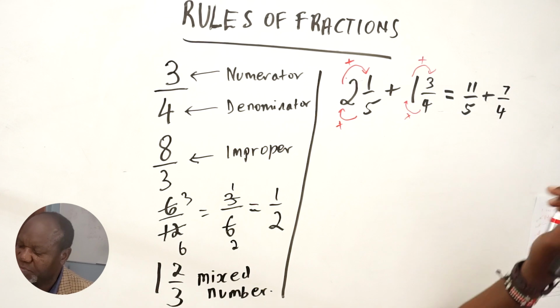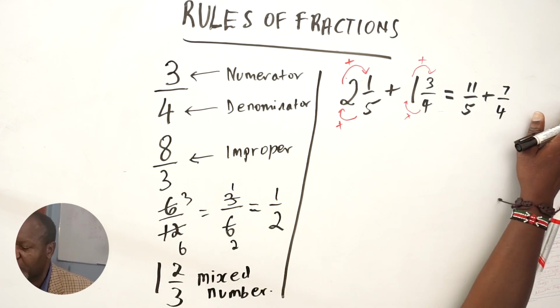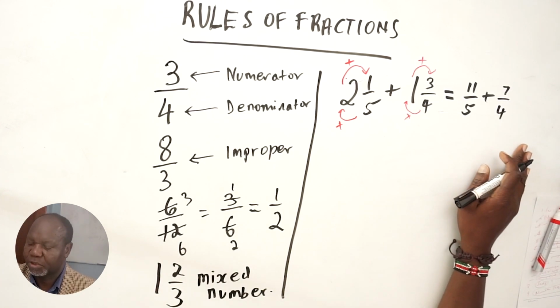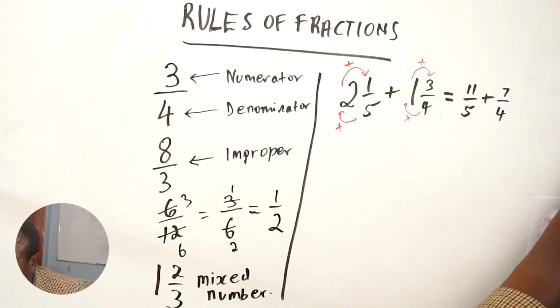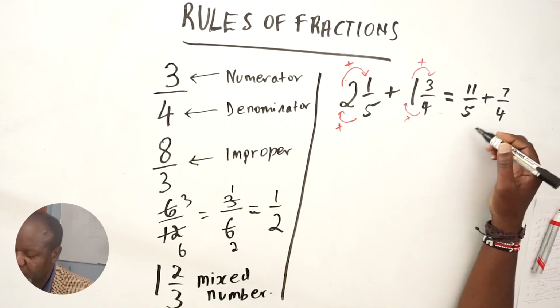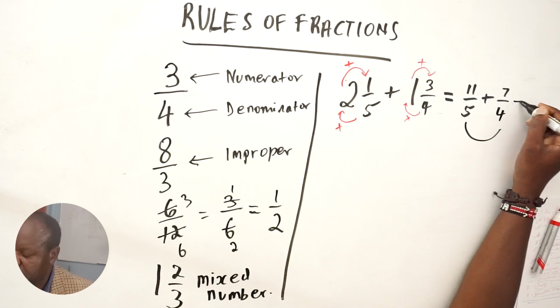Now once you have got your improper fractions, you can go ahead and use our smile and keys method, and you'll get your answers very fast. Okay, now smile, 20.